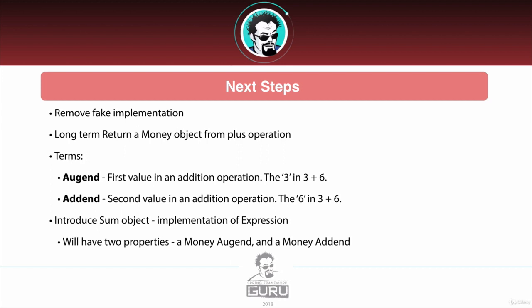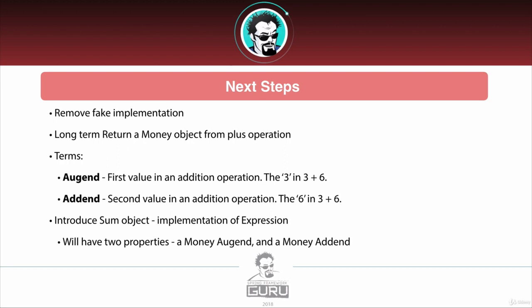Now, a couple terms that we want to introduce going forward in this section, and I actually learned these terms along with the author who wrote it. Augend, that is the first value in an addition operation, so that would be the 3 in 3 plus 6. And addend is the second value in an addition operation, so that'd be the 6 in 3 plus 6.